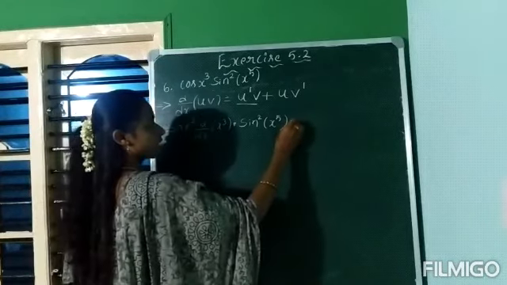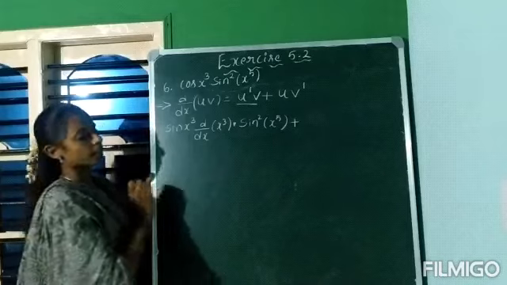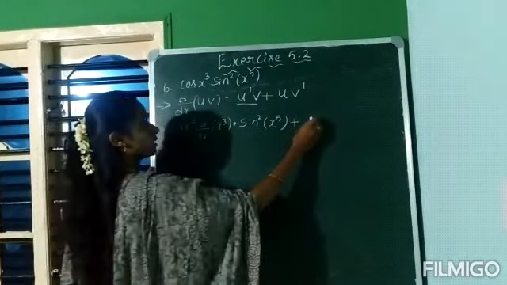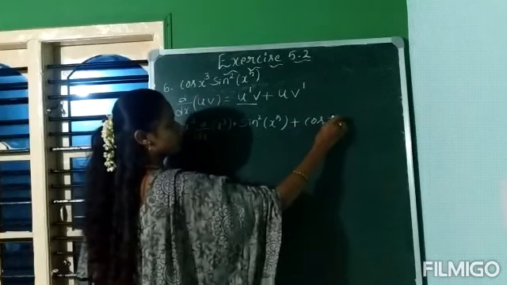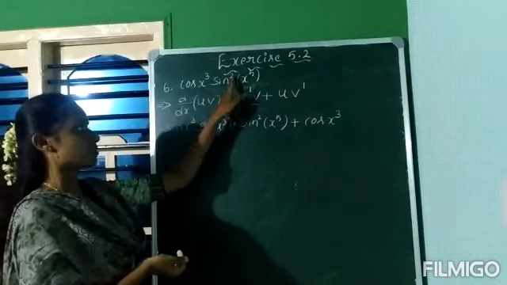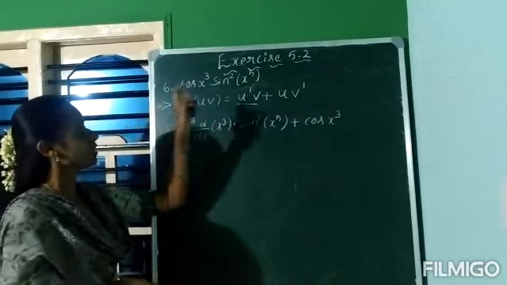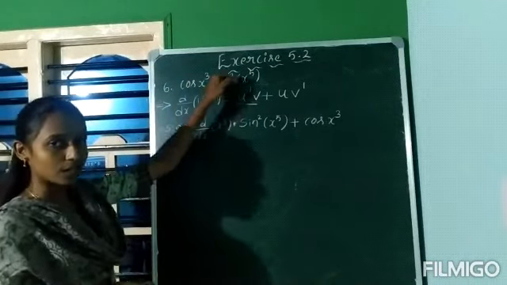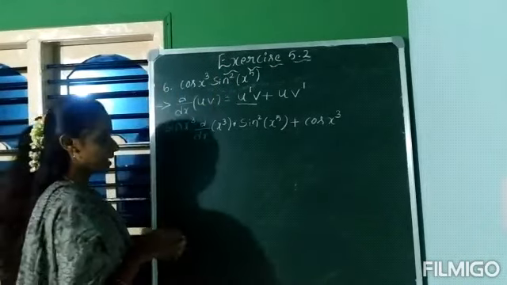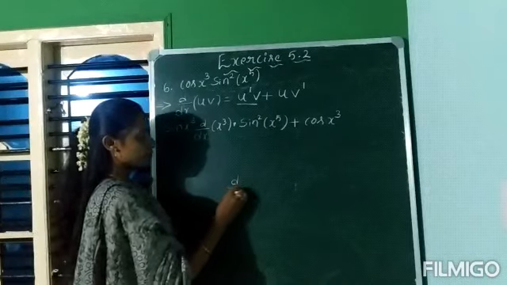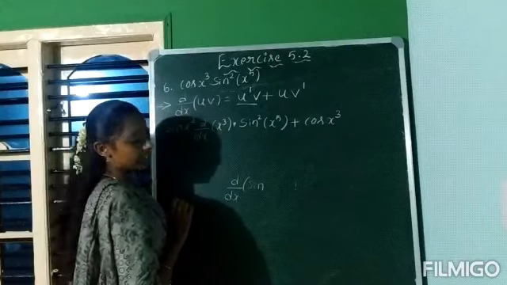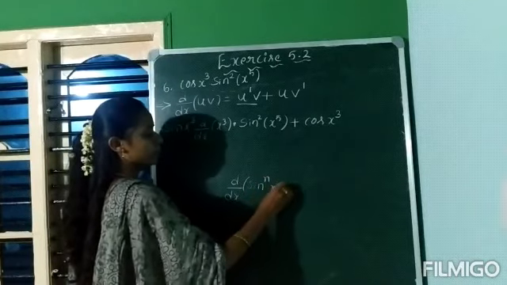Now you write the plus. Next you write u as it is, the first function, cos x cube. You need to differentiate sine square x power 5. If it is sine, you can write it as cos, but sine square is there. That means I make use of d by dx of sine to the power n of x.